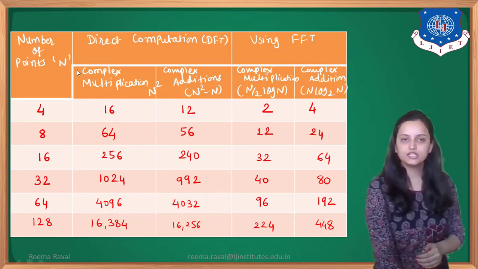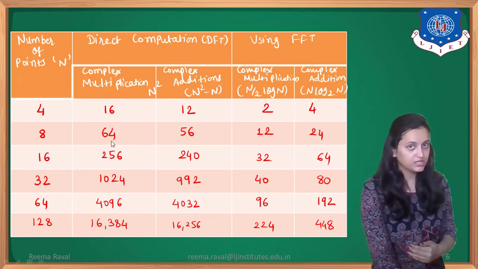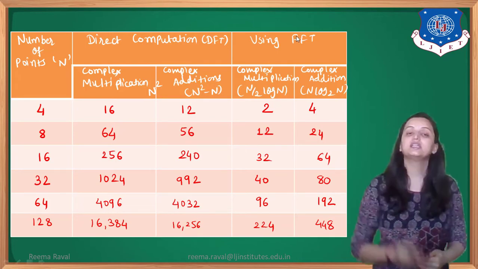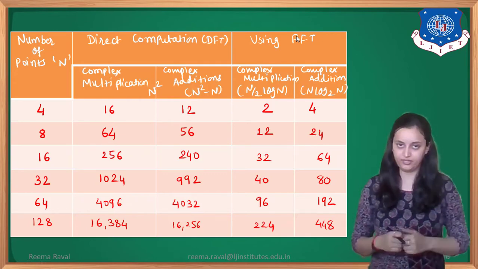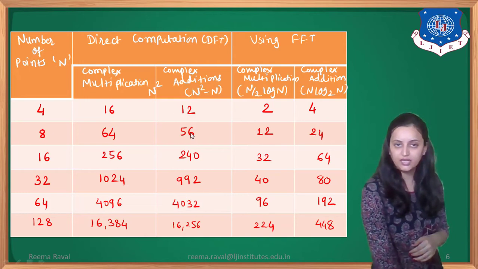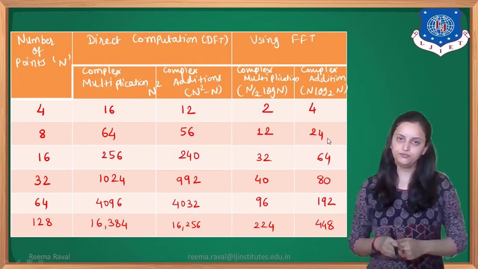If you compare these two for the same N equal to 8, there are 64 complex multiplications using DFT, but only 12 for FFT. That indicates that the complex multiplications are reduced as compared to DFT. In the same way, complex additions are also reduced, because over here the number of complex additions is 56 and here it is 24.